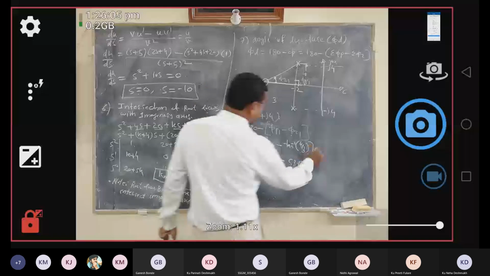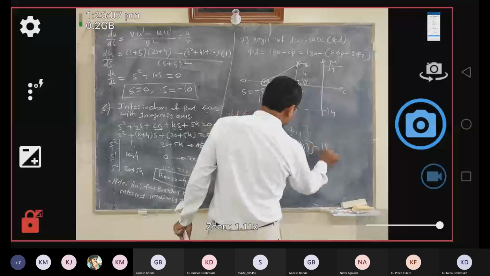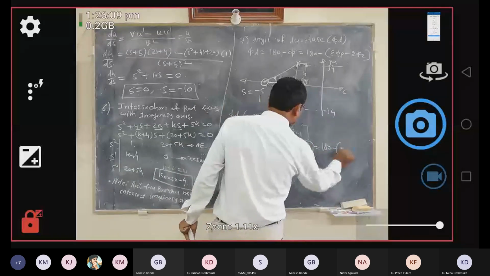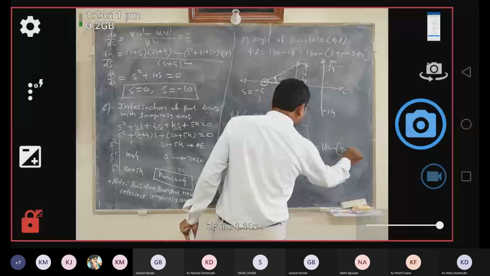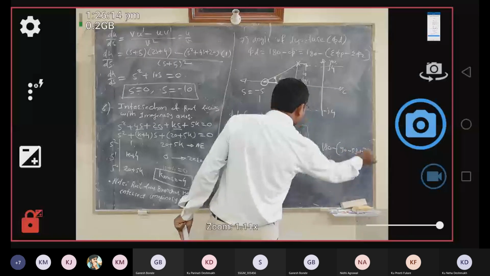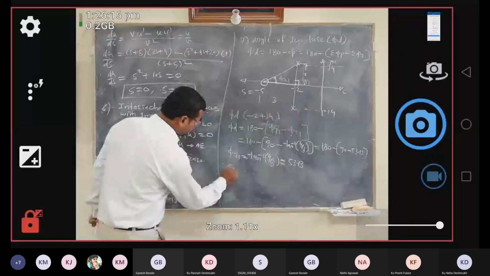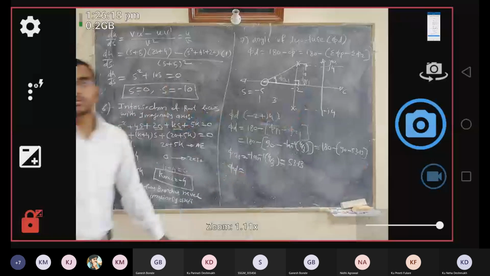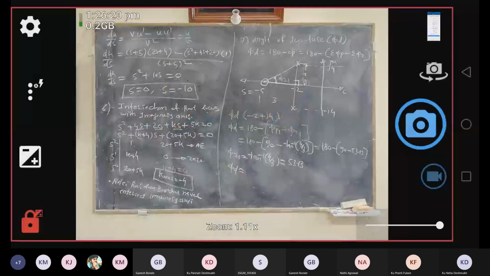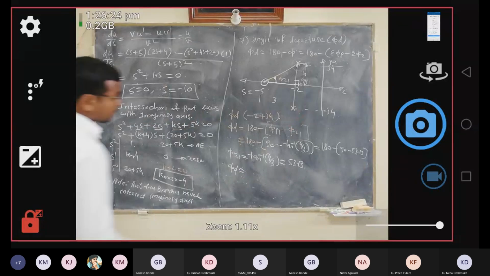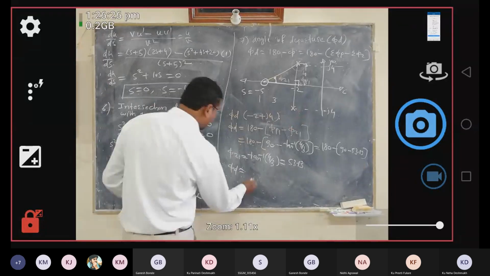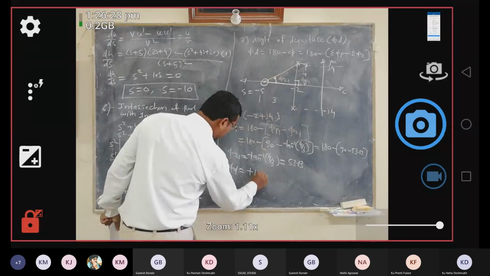Okay, so therefore it is 180 minus 90 minus 53.13. So tell me the value of phi d. So the calculation, it could be plus 143.1.